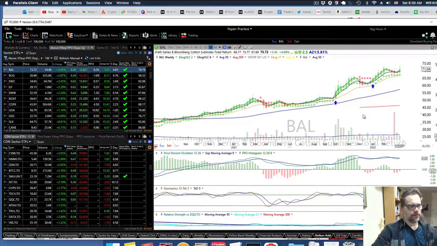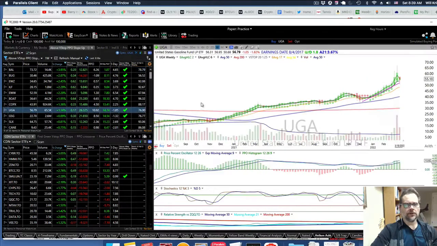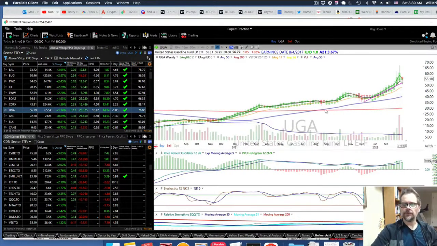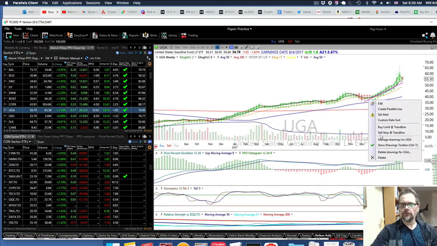It depends on your outlook, but I look at the charts, and commodities could obviously still go, there's inflation and things like that. Another interesting ETF is UGA, it's gasoline. If you're upset about gasoline prices, you could potentially get into a gasoline fund. There's a bit of a pullback right now, so you want to see where it gets to, and then maybe get in on the next uptrend section.